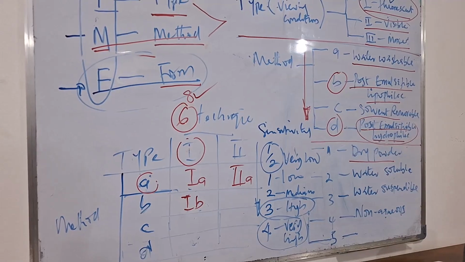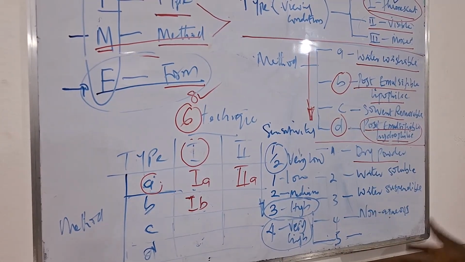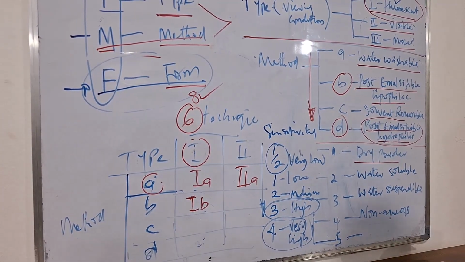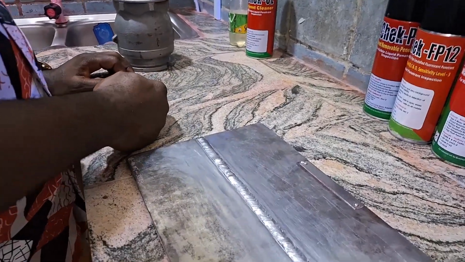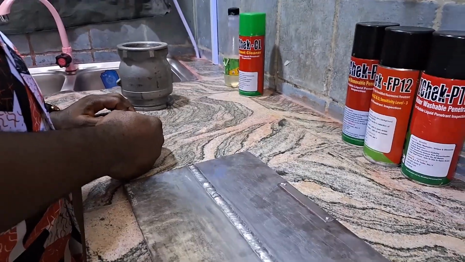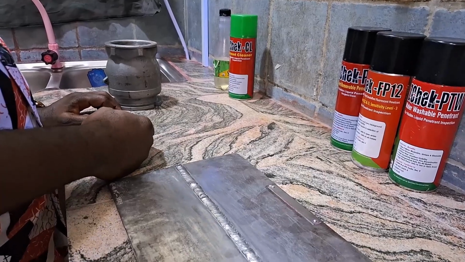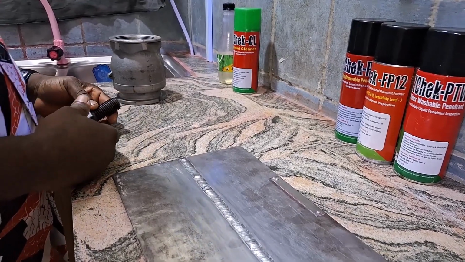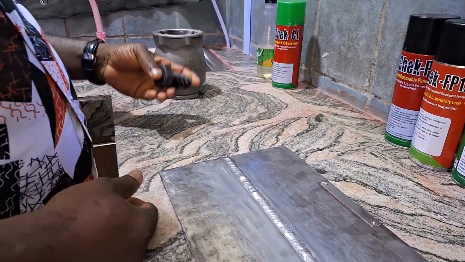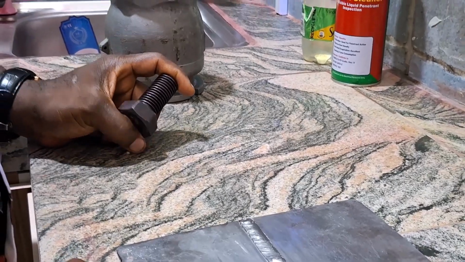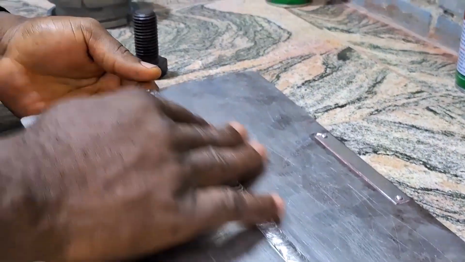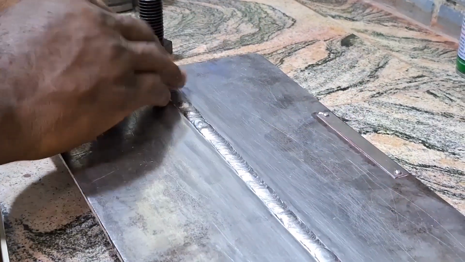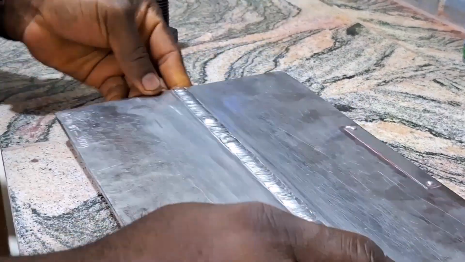So now we will practicalize this method just to get more insights on them. Now we will demonstrate this technique for PT testing. For us to do that, we are going to use three test pieces for illustrating this. We have our typical plate weld, which makes it very easy for us to clean and work on.